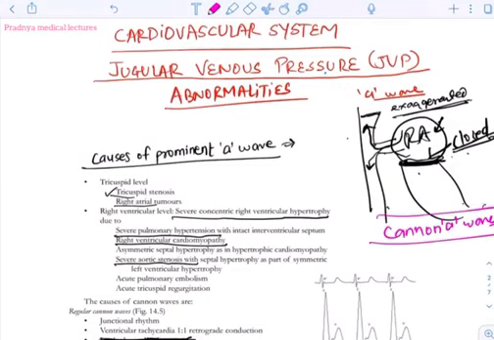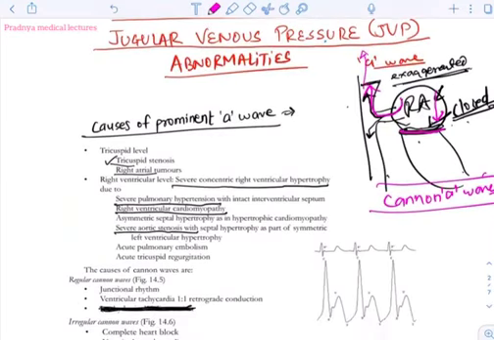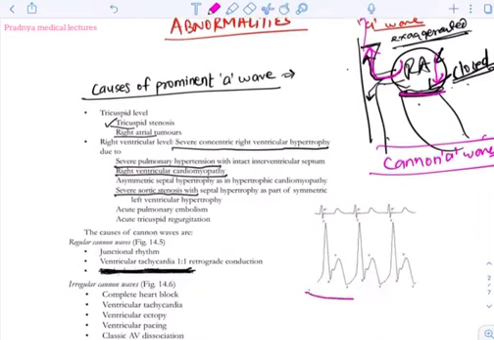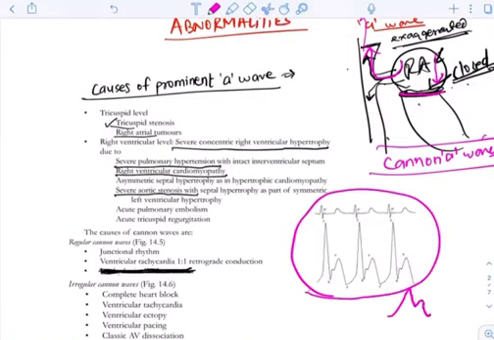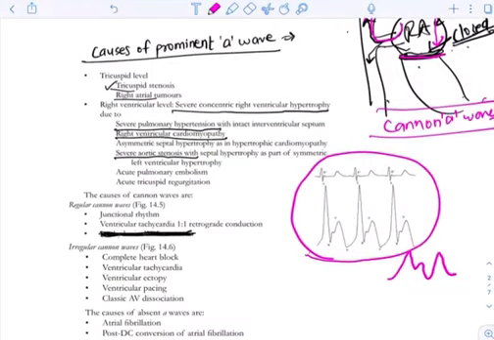As I told you, if the valve is closed and the atria is contracting forcefully against it, the energy is wasted and the vibrations are transmitted directly into the vein, and the wave is exaggerated to a higher level. That is called a Cannon wave. As you can see in this diagram, the normal diagram, as I drew earlier, was like this. Now the A wave is greatly exaggerated, while the V wave is normal, the X descent is normal, and the Y descent is normal.